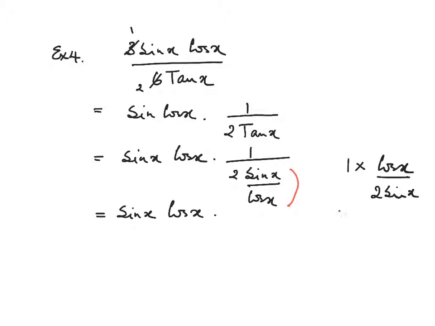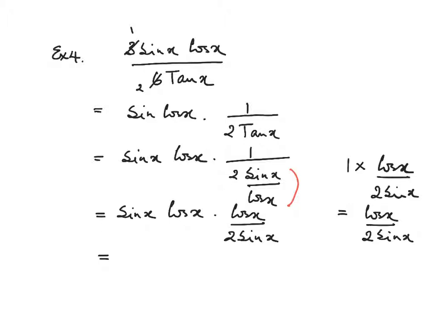So 1 times cos x is just cos x. So that's what this part becomes. So cos x then over 2 sin x.